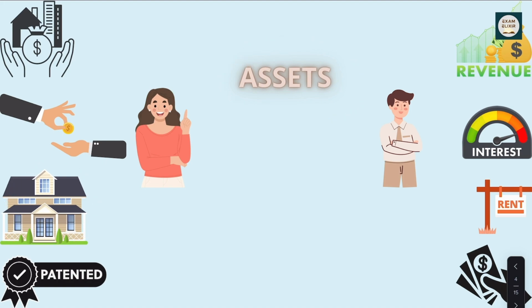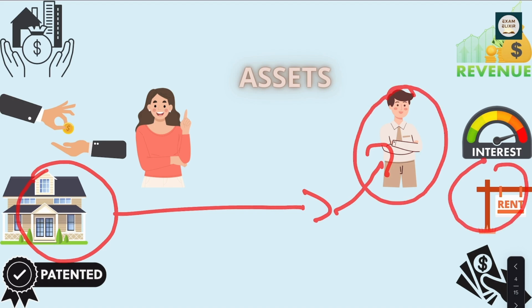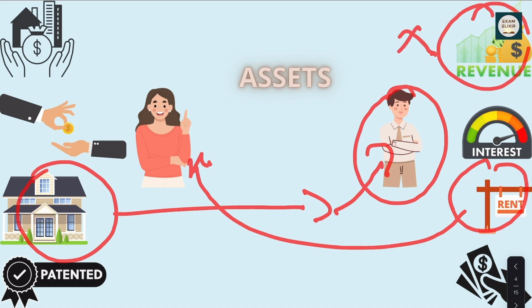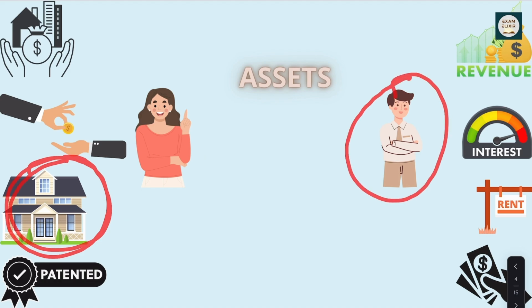But if she decides to sell this house to, let's say, this gentleman, now tell me whether this gentleman will give rent to this lady? No. So revenue stops, and she no longer owns this house. Now who owns this? This gentleman. I had explained to you that one of the qualities of assets is that you own it.